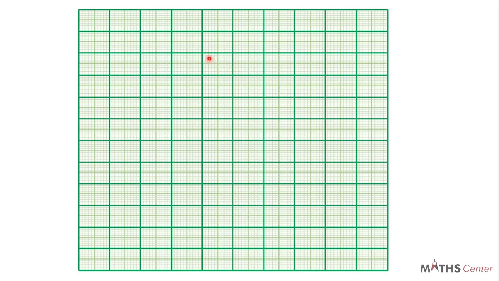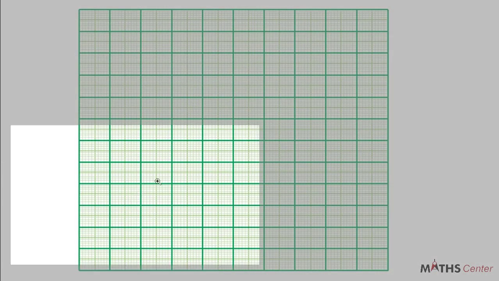Another thing about our graph sheet is that from one major grid line to another major grid line, we have 10 divisions between them. Once again, I will zoom into another portion of our graph sheet so that you see what I'm referring to. What I said was that from one major grid line to another major grid line, we have 10 divisions between them. When I say division, I'm referring to the boxes between the major grid lines.